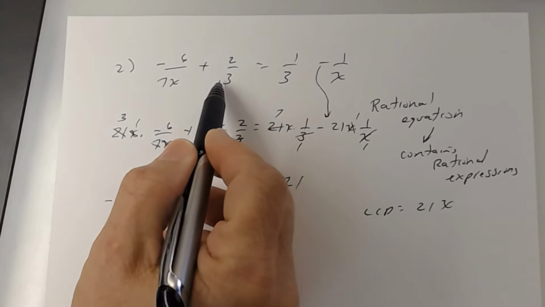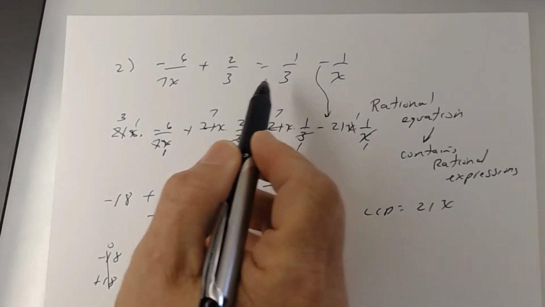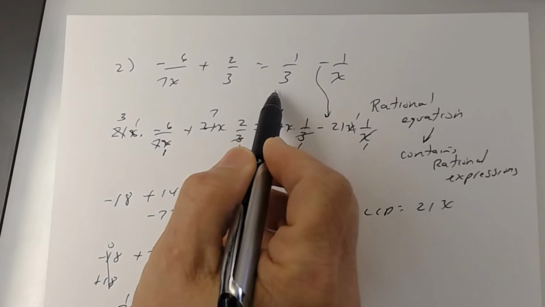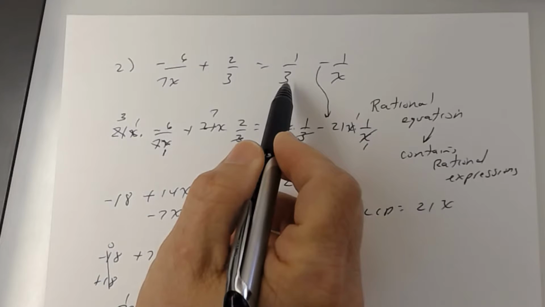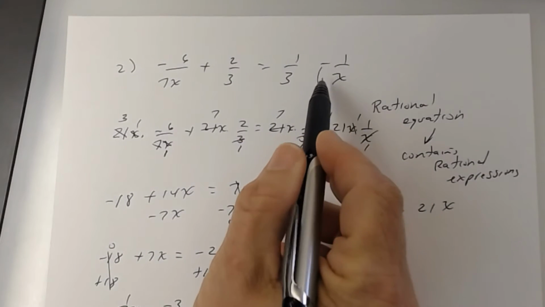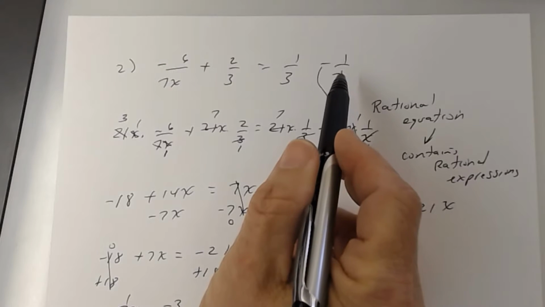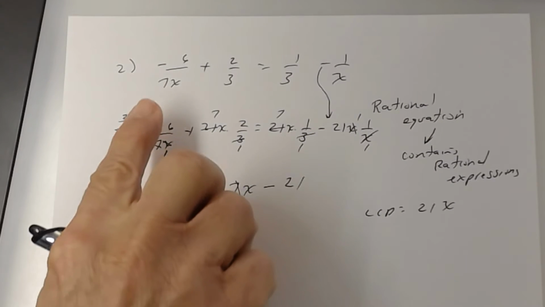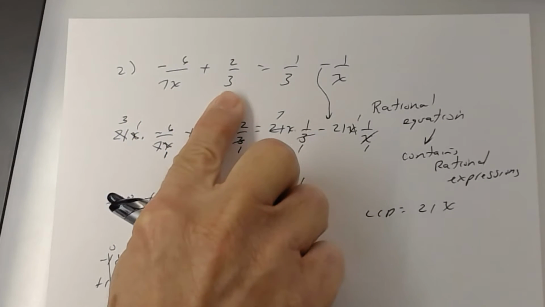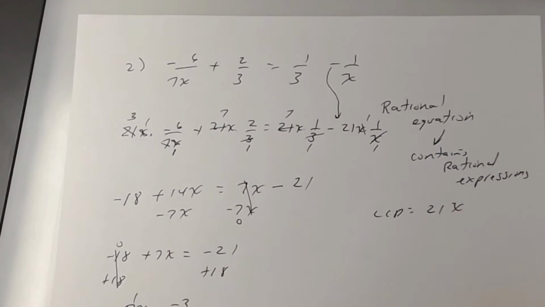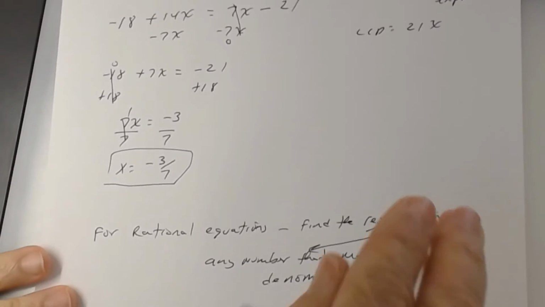No, it's always 3. There's no variable. So I found my restriction: x is 0.